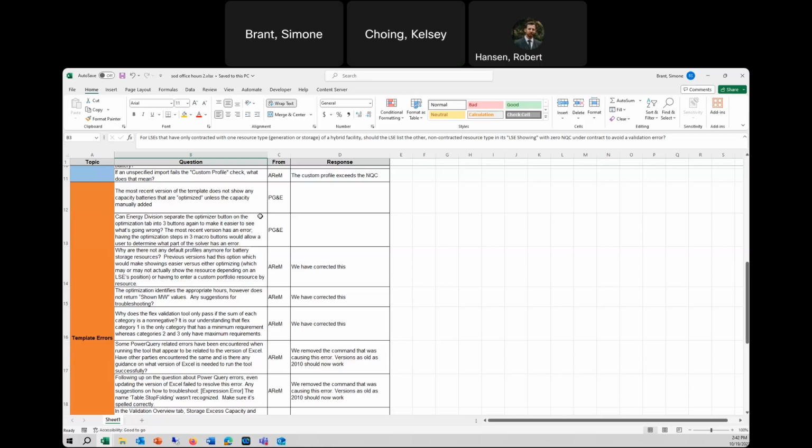I believe we corrected this. I don't know if we've sent out the revised template with the fix. Many of these issues are things that we have addressed, and we're going to be sending out new allocation spreadsheets shortly.